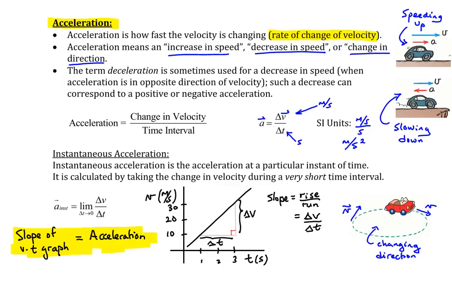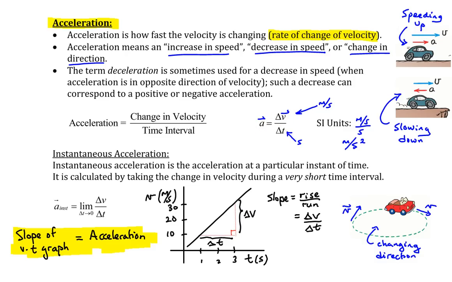The average acceleration is simply the acceleration over a certain time interval, delta t, for example. Whereas the instantaneous acceleration is the acceleration at a particular instant in time. And we're really taking the same definition of acceleration equals the change in velocity over the change in time, but we're looking at a very, very short time interval, delta t.